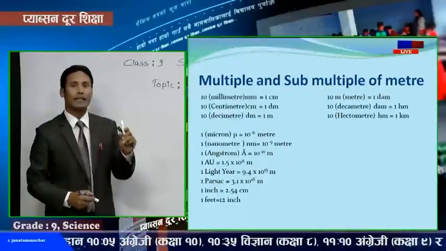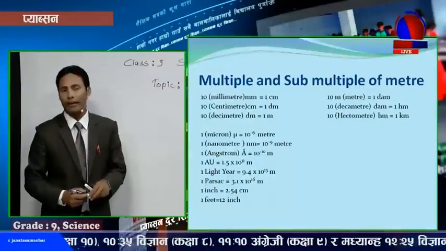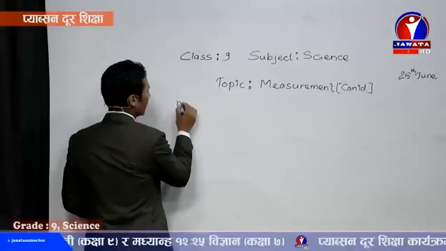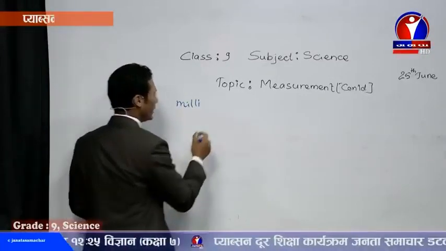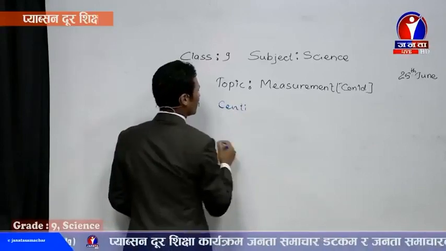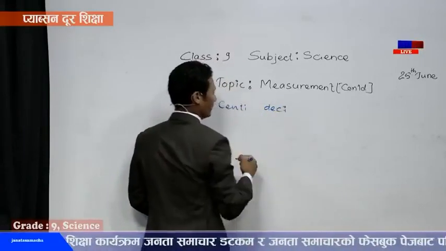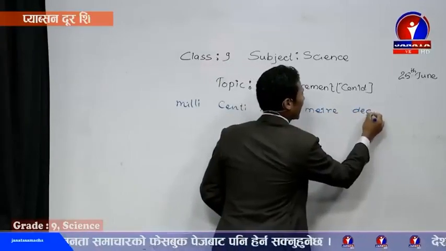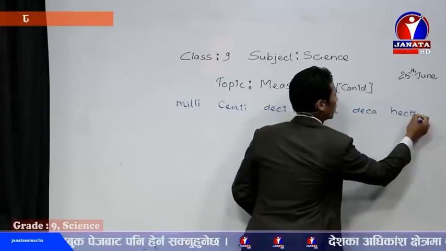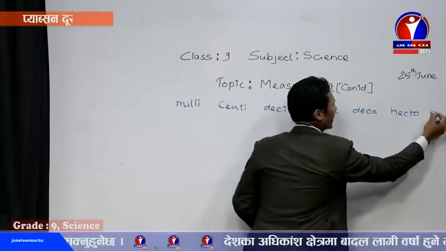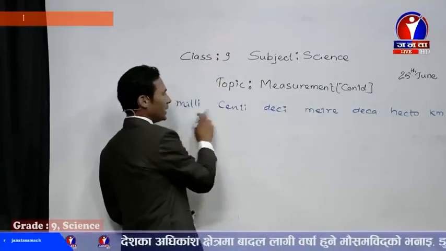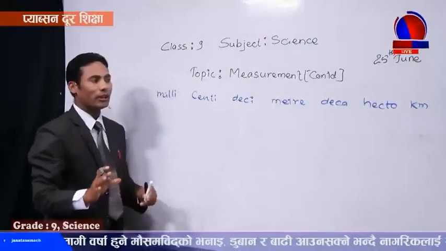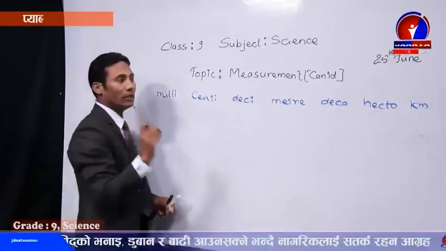For remembering this, let's write it down like this: milli, centi, deci, meter, deca, hecto, and kilometer. These are the multiples and sub-multiples of a meter, right?